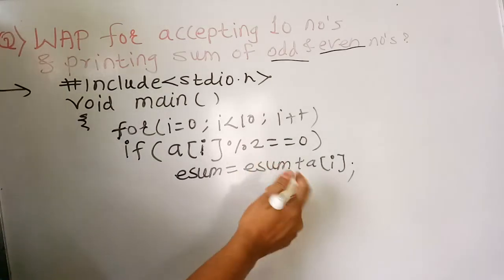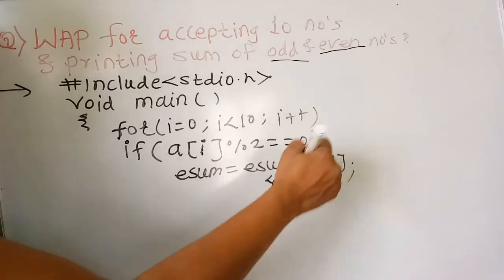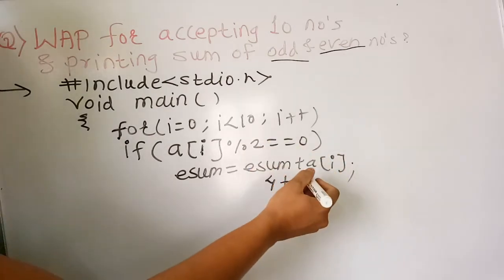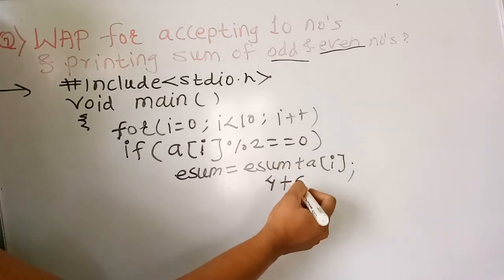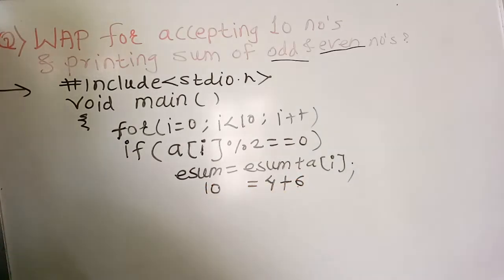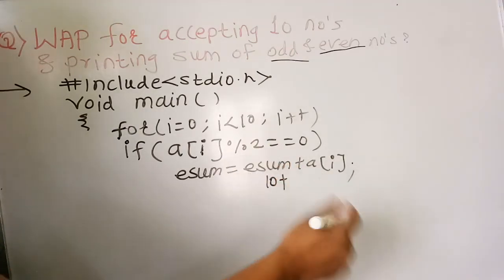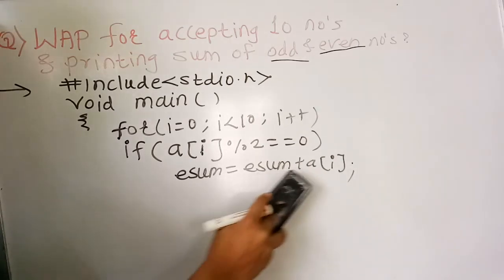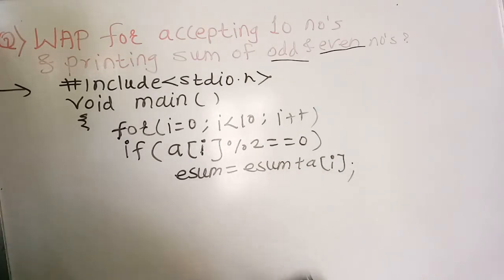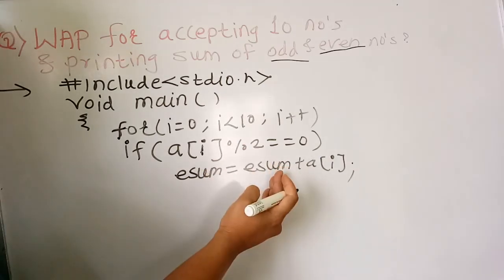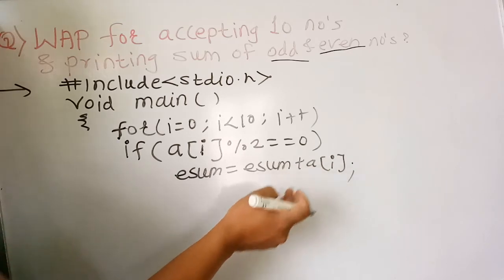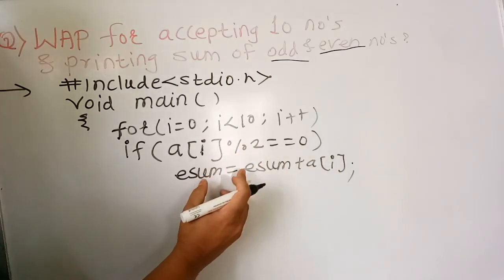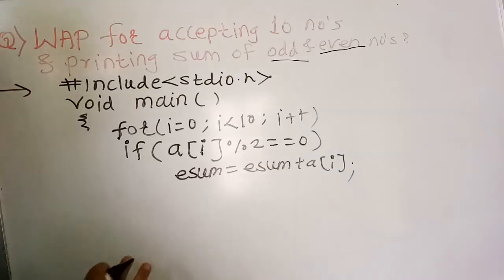Next time, your even sum will be 4, and after that, for example, if the number is 6, it will be added to this, and again it is stored. Again, if you take the next number and it is even, the same procedure is repeated, the sum is taken and the new number is added to it. For that you write even sum equals even sum plus a[i].